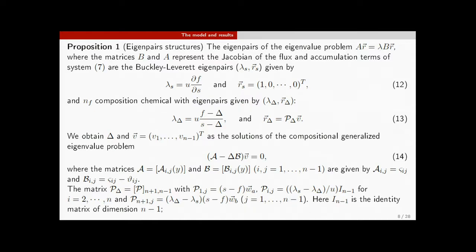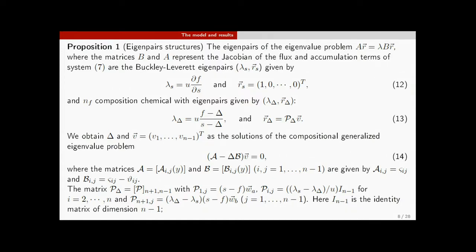Then we have this general solution. The eigenpair consists of the saturation wave that we call the Buckley-Leverett eigenpair, because in this one only the saturation changes, and we have n chemical composition eigenpairs that we associate with the parameter delta, and they have this simple formula.